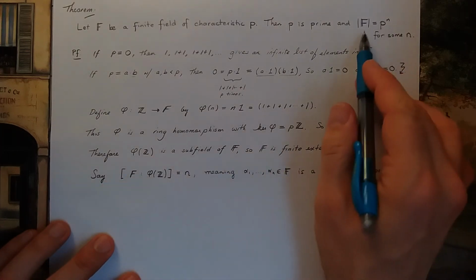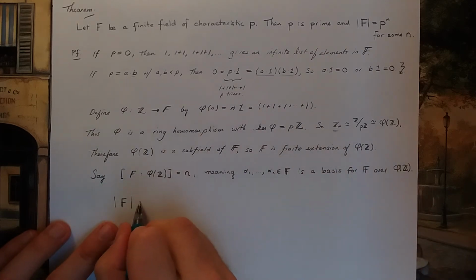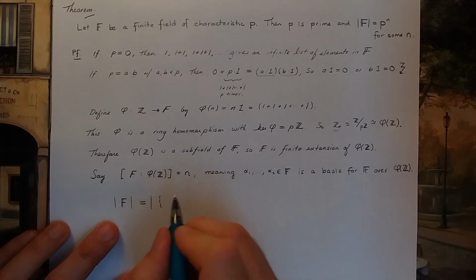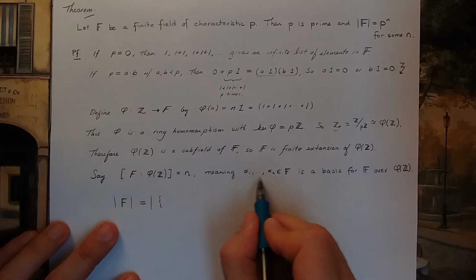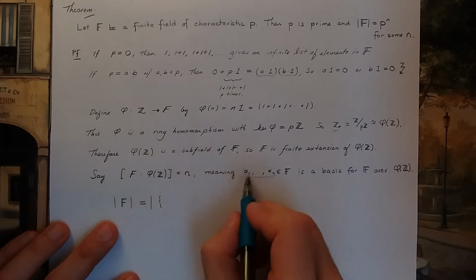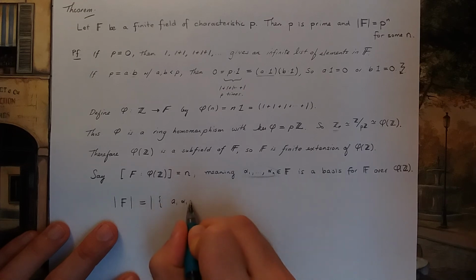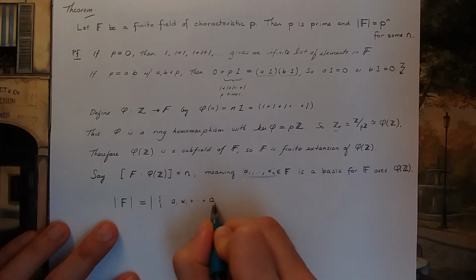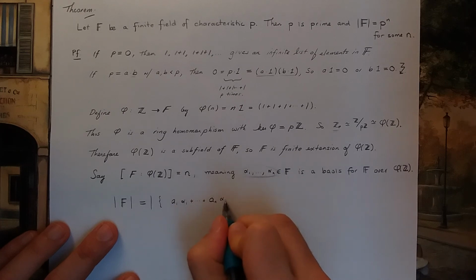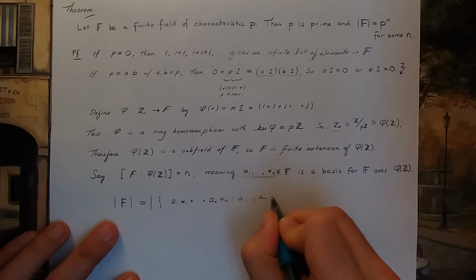So I'm almost done, actually. That tells me the size of this finite field is the same as the size of every possible linear combination of my basis elements. So elements in my finite field look like a1 alpha 1 plus up to an alpha n, such that a1 up through an are elements in this subfield.